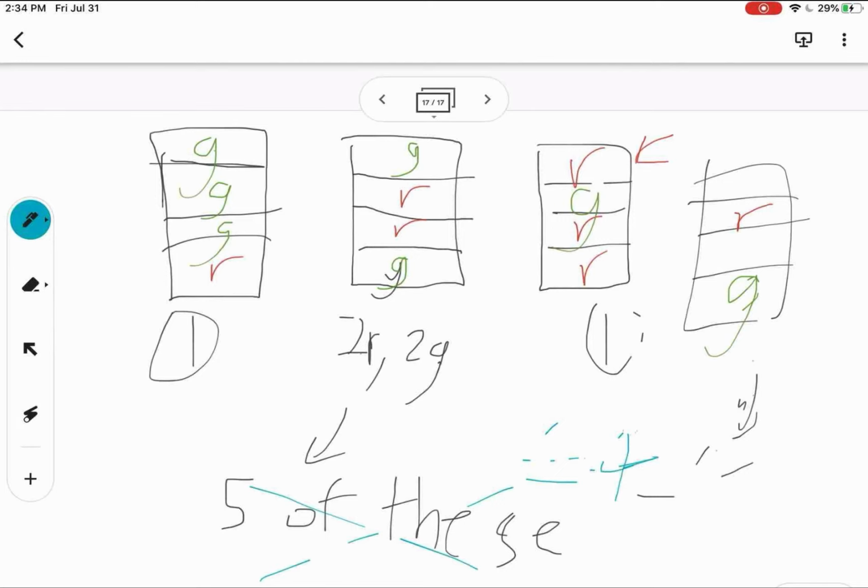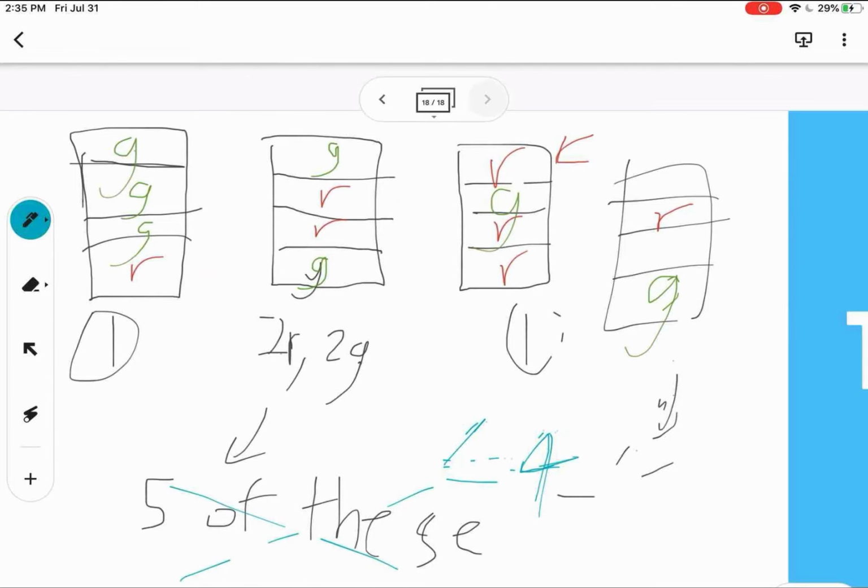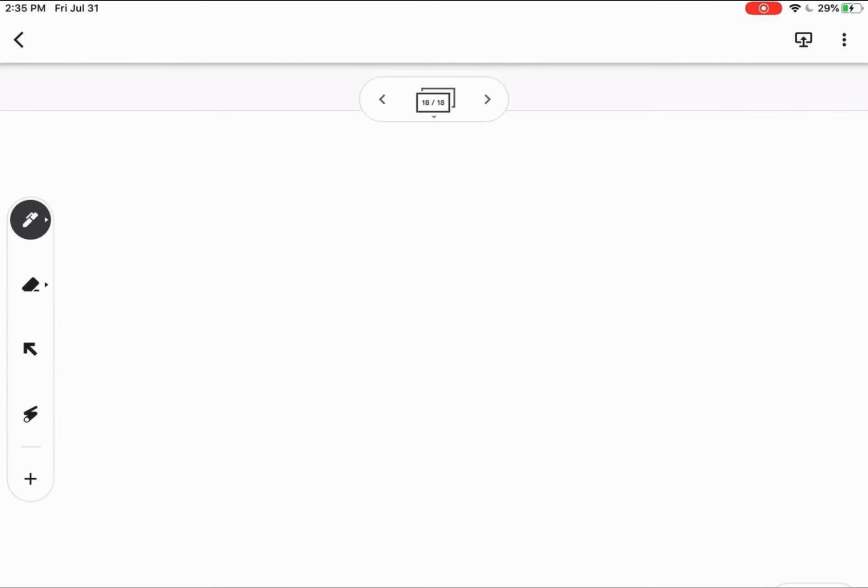Okay, so our last case would be, what if all columns are 2 reds and 2 greens, right? Then what would happen?